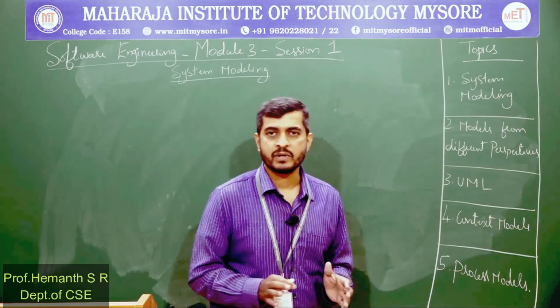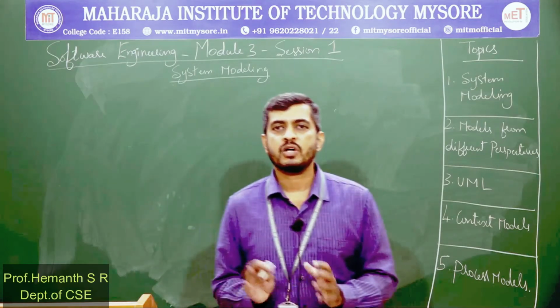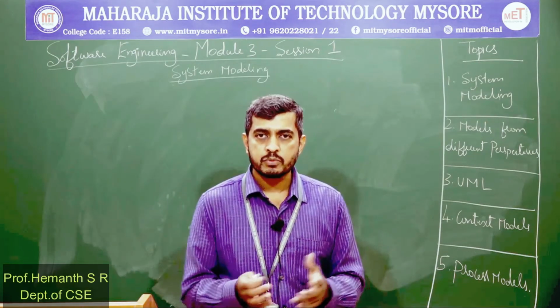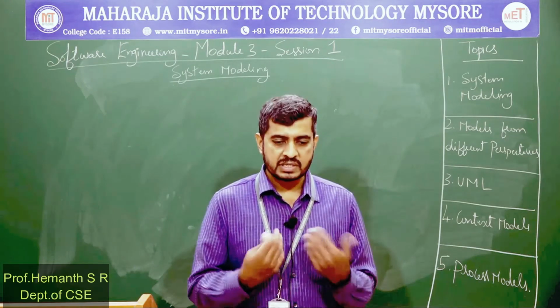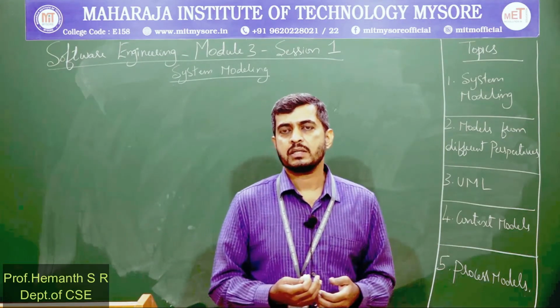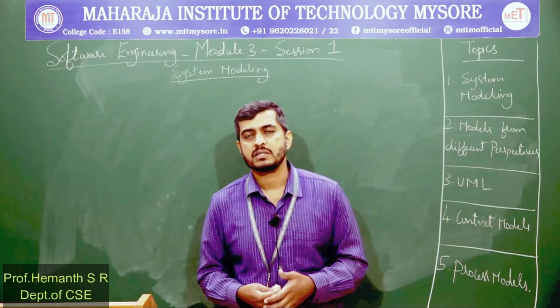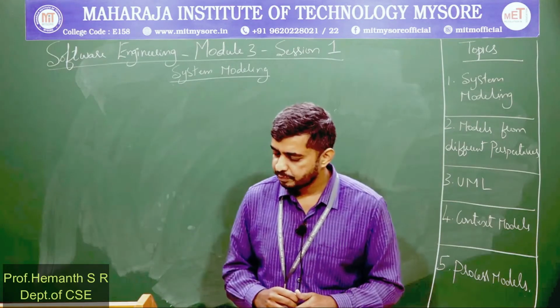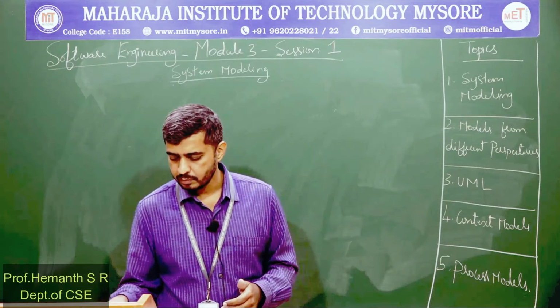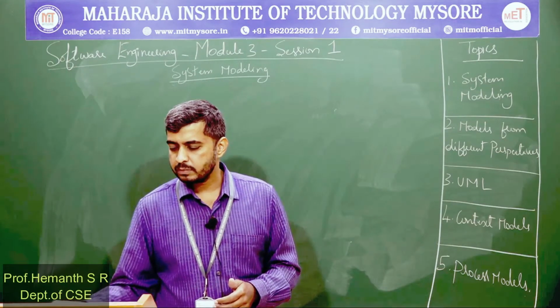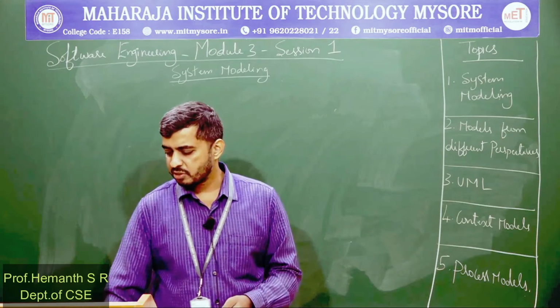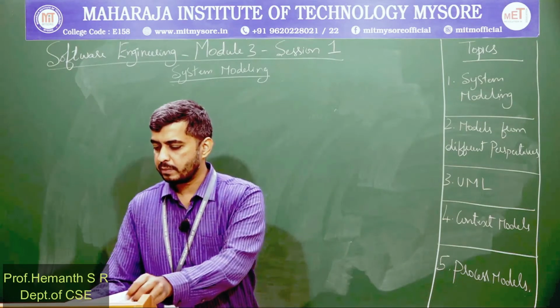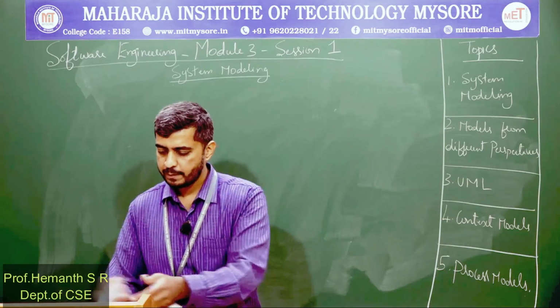Or to put it in simple words, we have different types of software models which can be used to present our design ideas, to present our design plans. So different models are there. Now, what are the various models? Details of it we will discuss in this part.